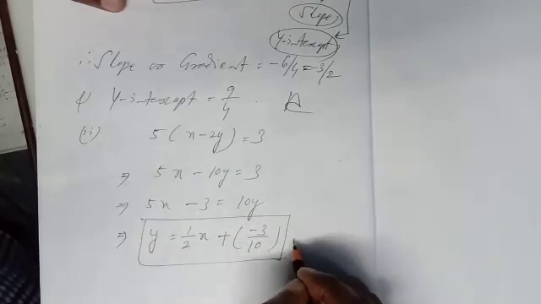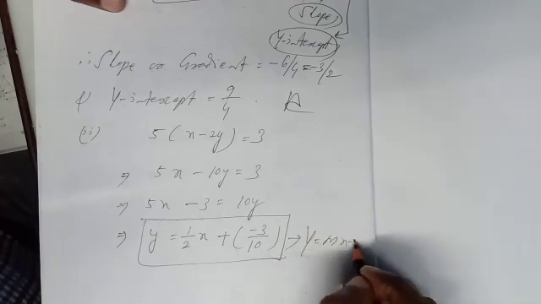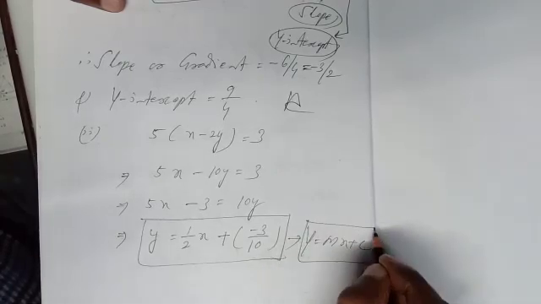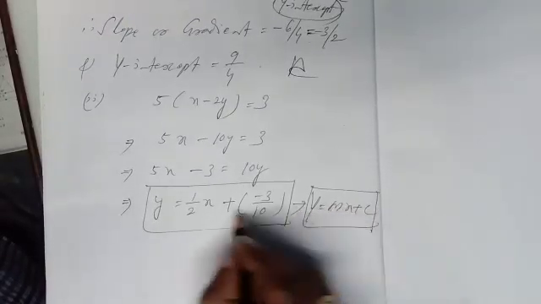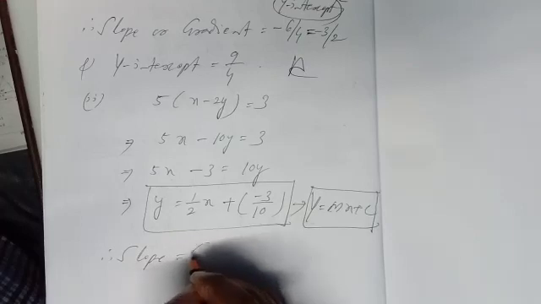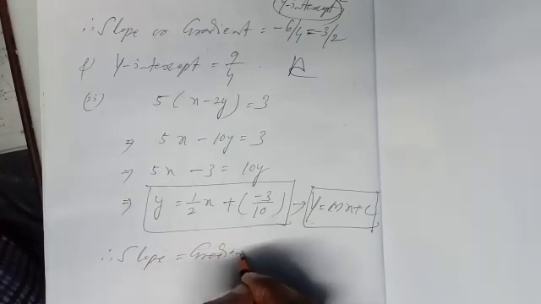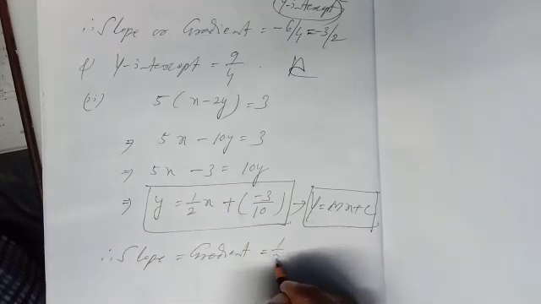Now you compare this equation of line with y is equal to mx plus c. If you compare, you can get the value of m. m means slope or gradient. What is that? m is equal to 1 by 2. Therefore, slope or gradient, meaning the same, is equal to the coefficient of x, that is 1 by 2.